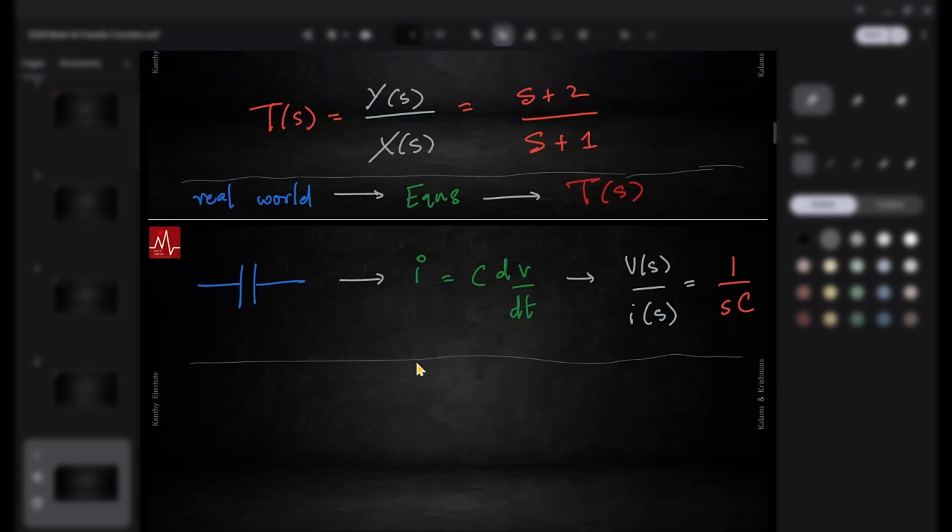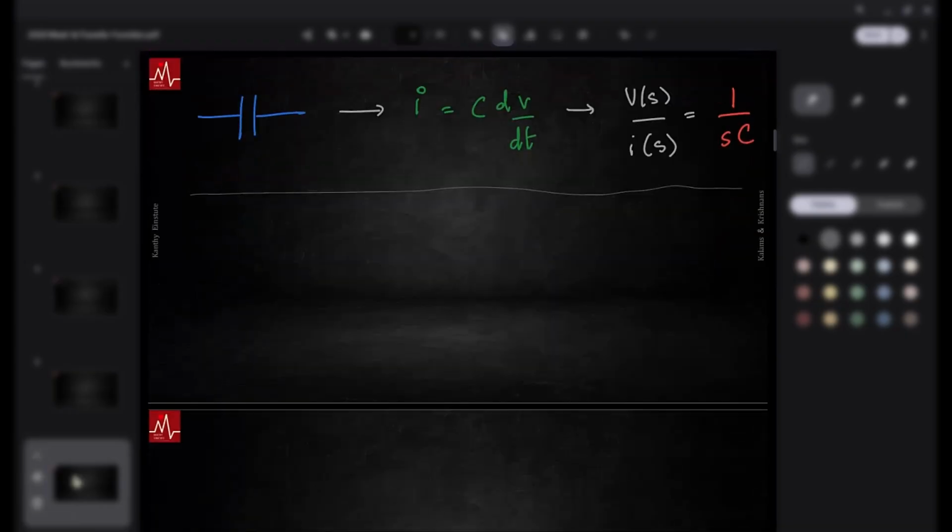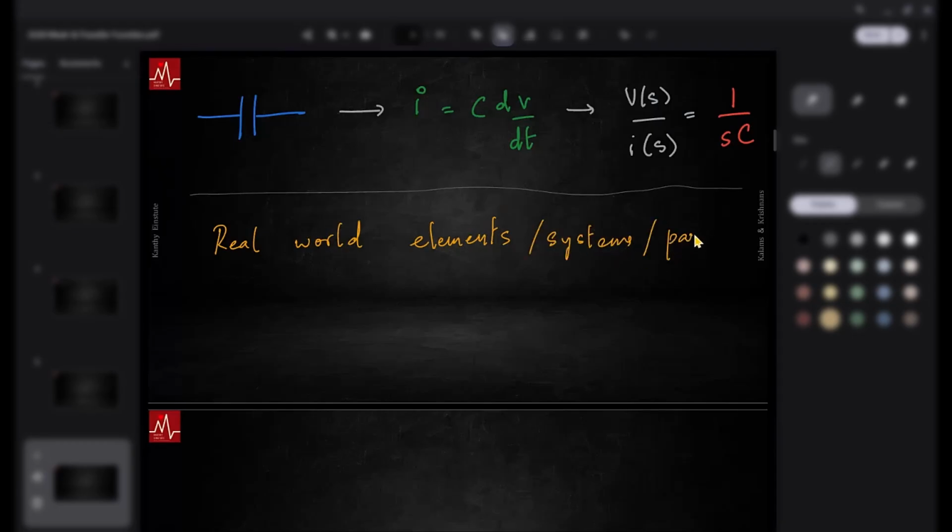So real world elements, systems, often end up as these transfer functions in analysis.